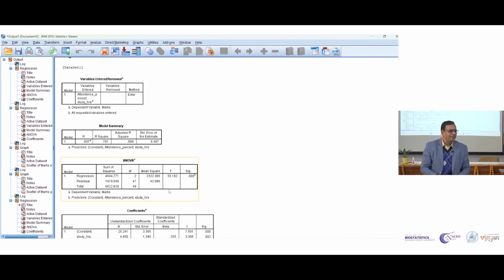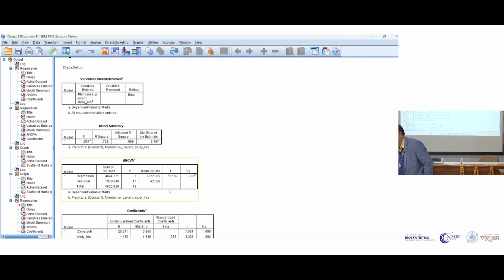This is called multiple correlation. आगे आप चाहो तो लिख लो. It is multiple correlation. आप चाहेंगे तो अभी आपको दिखा दिया जाएगा इससे.